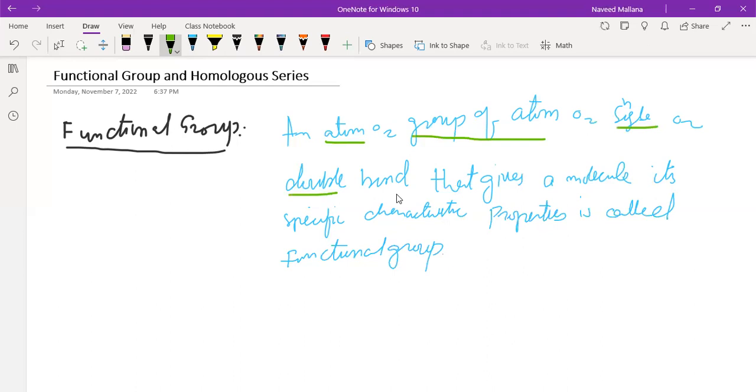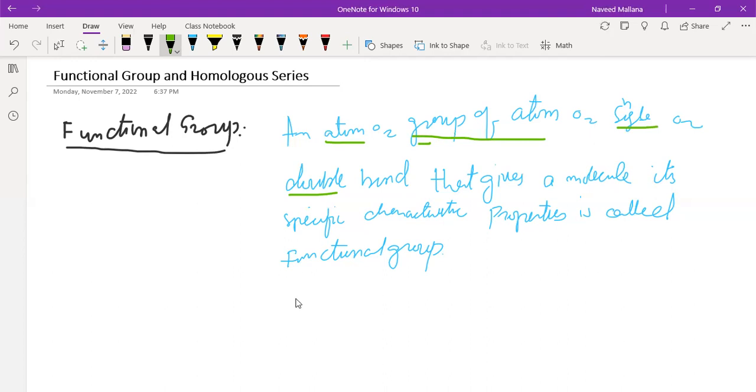It might be triple bond. Due to these specific properties, functional groups give molecules some specific characteristics. Let us take an example.